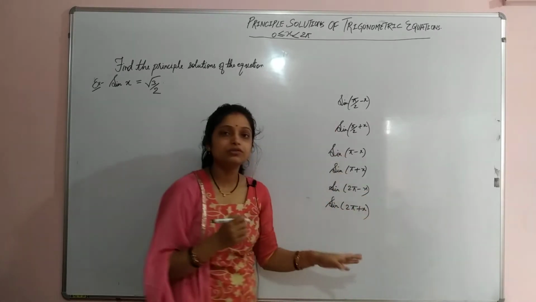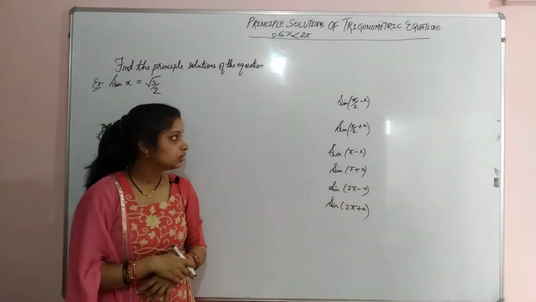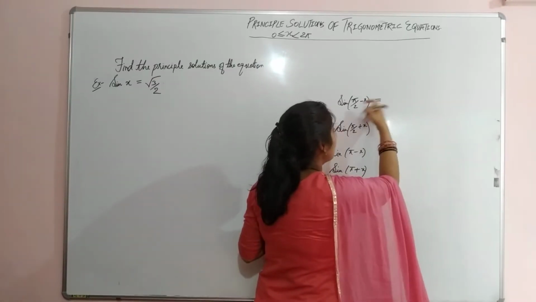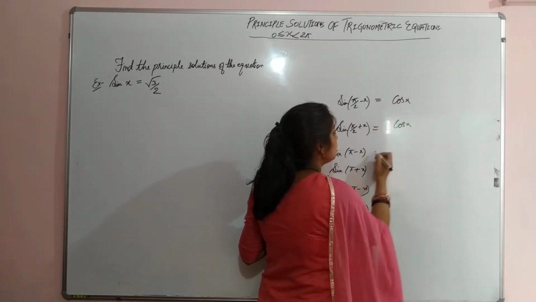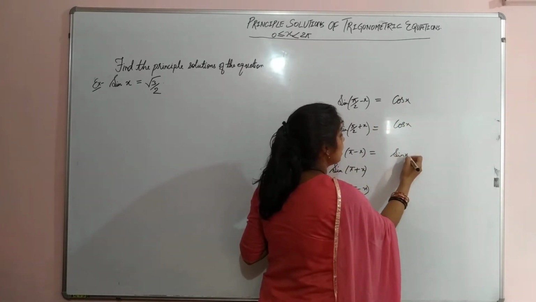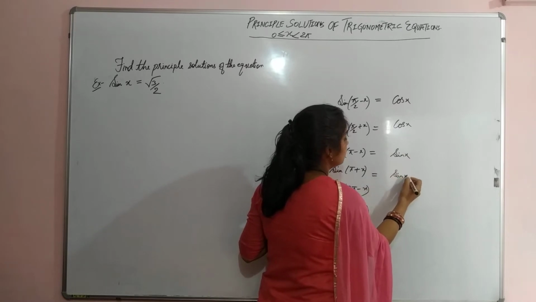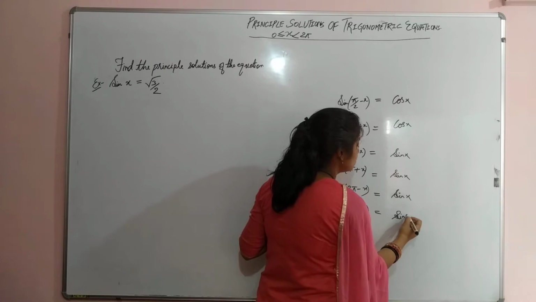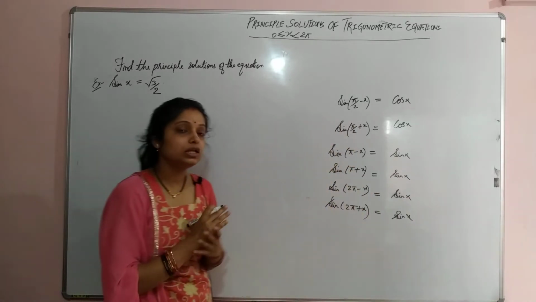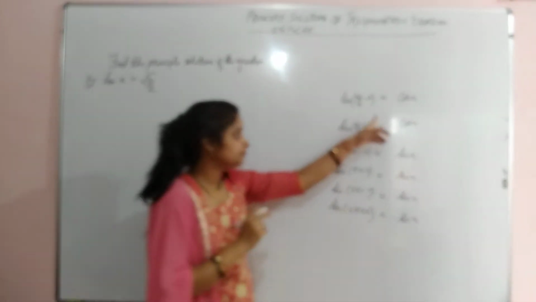What are the formulas for these angles? We know that for pi by 2, sine will become cos, only for pi by 2. The remaining remain sine, sine, sine. In this way you should learn these formulas.